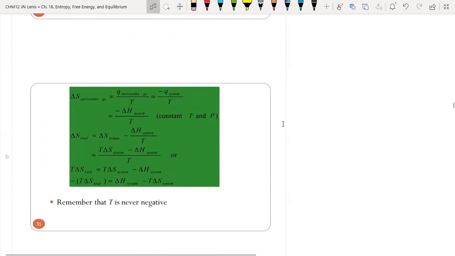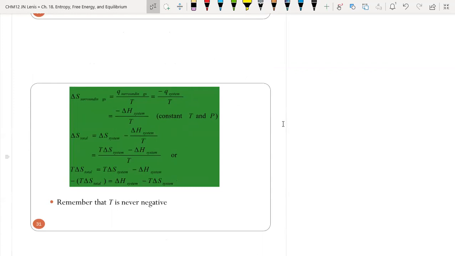One way to measure the entropy is taking the heat of the system, measured at a constant pressure, over the absolute temperature of your reaction.